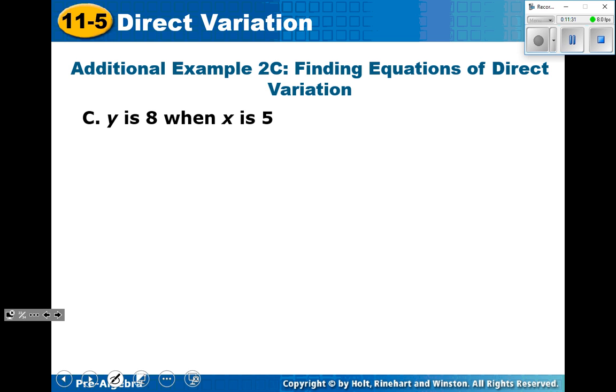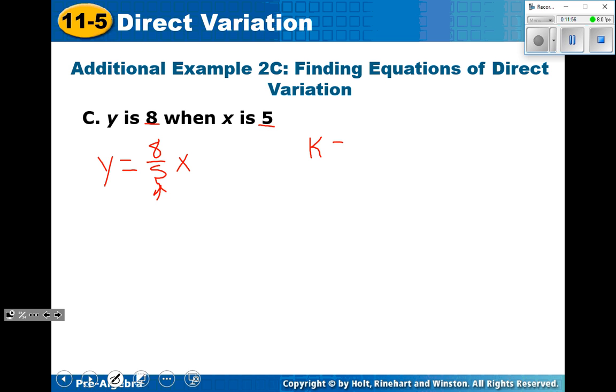By now, you might be good enough to do this. Y equals 8/5 x. Do you see where I got that? I just did y divided by x and plugged it into that spot. If you need to write out all the work, that's fine.